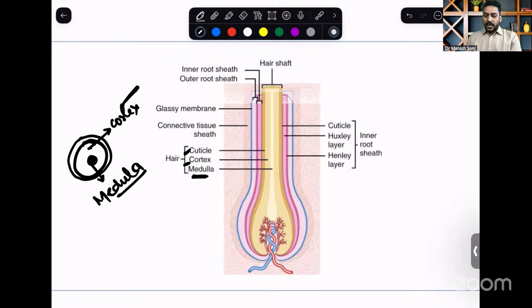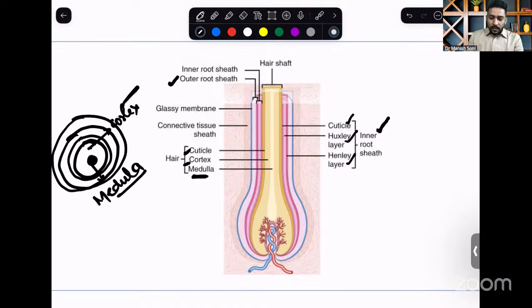Then comes inner root sheath and outer root sheath. Now this inner root sheath is made up of three layers. Cuticle is included in inner root sheath along with Huxley layer and Henle layer. So outside cuticle, you will find Huxley and Henle.